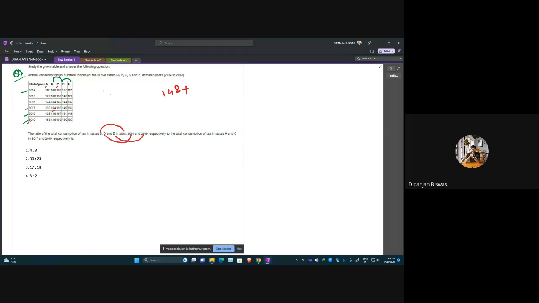D in 2014 was 105 plus E in 2019, that is 187. Ratio A and C in 2017 and 19. So A in 2017 was 132 plus C in 2018. C in 2018 was 187.